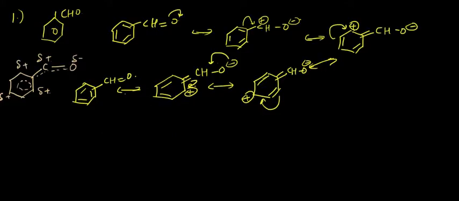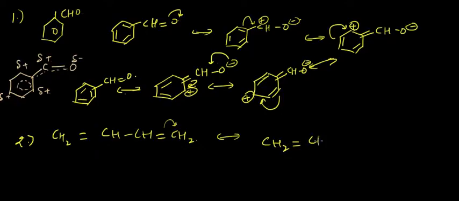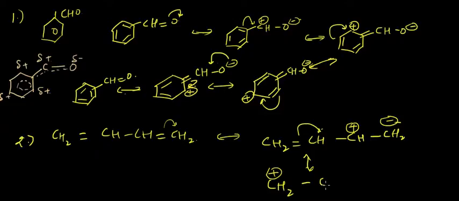another example where we have, again what will happen is, the breaking of bond will happen, and this will result in formation of carbocation here and a carbanion here. Now pi bond conjugation with positive charge will result into positive charge on this carbon, and a double bond here.